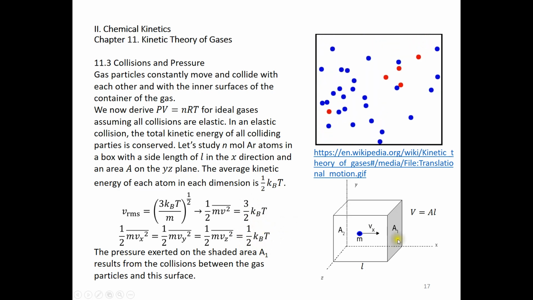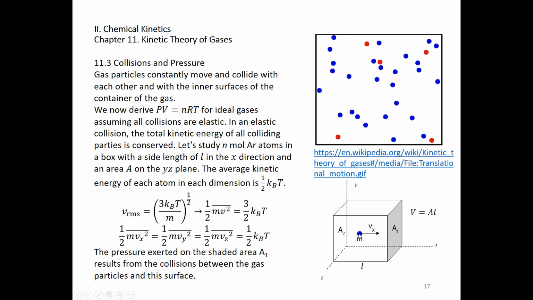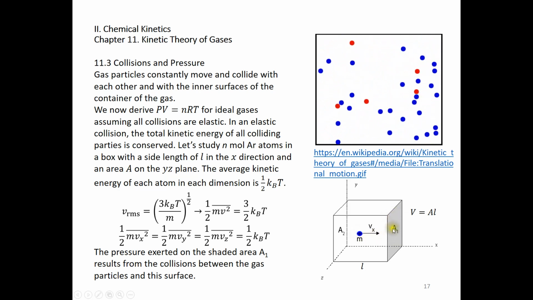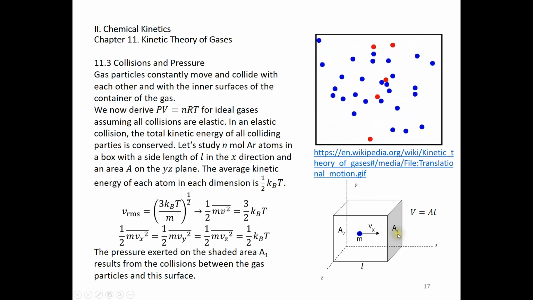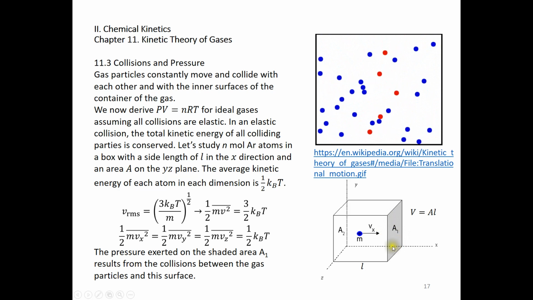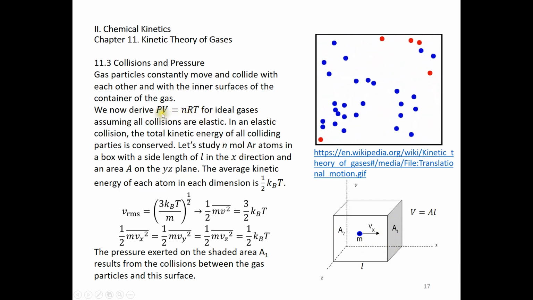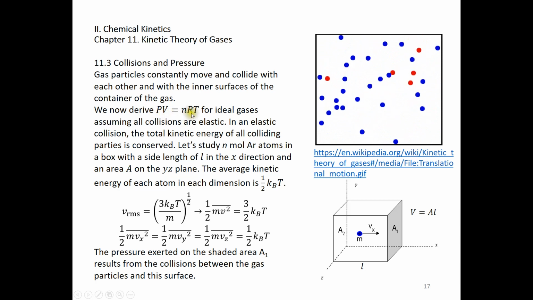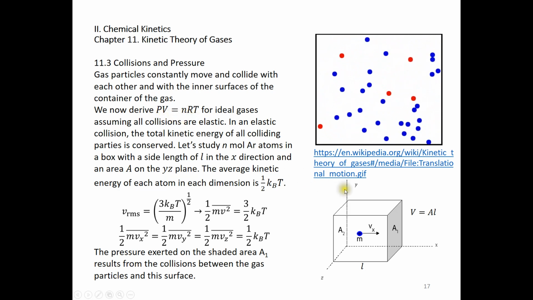And now we're going to just look at the collision between this single particle and this shaded area, A1 area, and see if we can derive the expression of pressure. And eventually we will get pressure equals nRT over volume for the ideal gas.